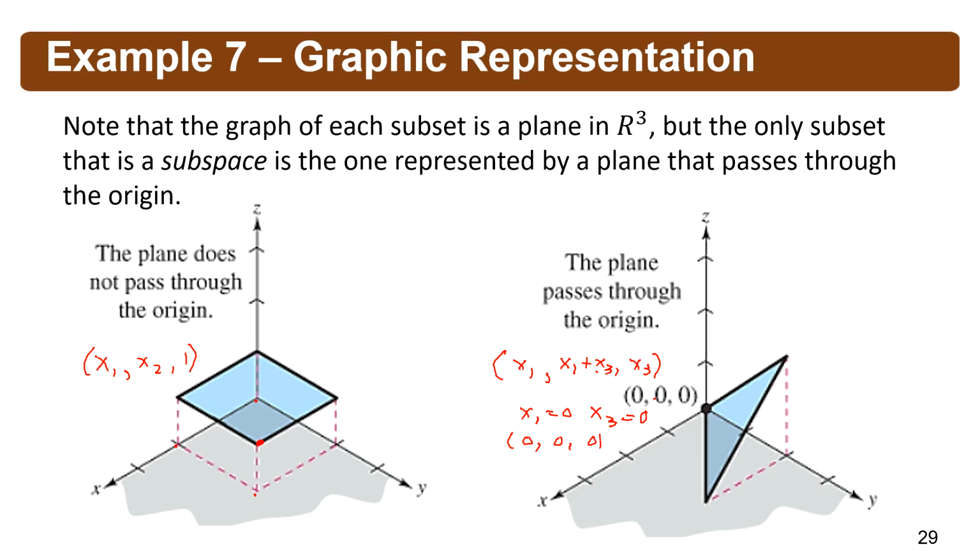If I say my x sub 1 is equal to 2 and x sub 3 is also 2, what happened to my point?